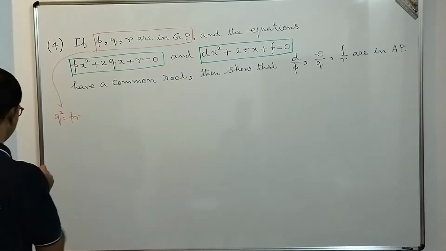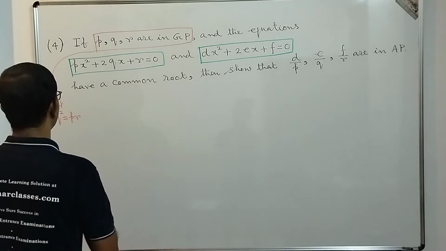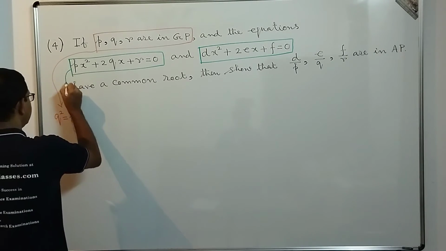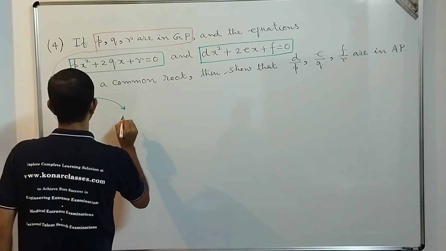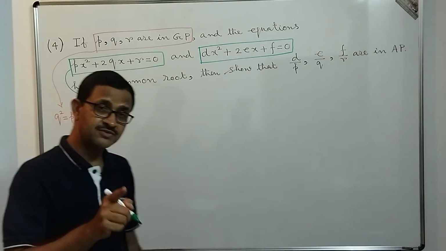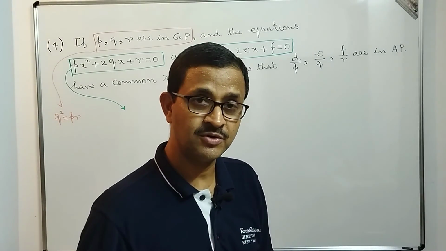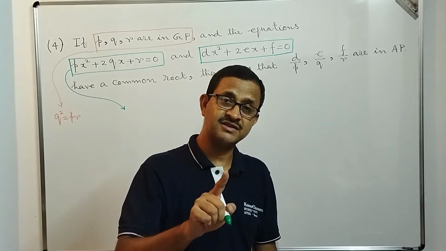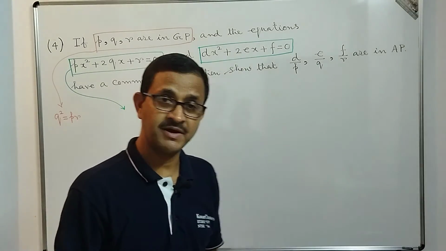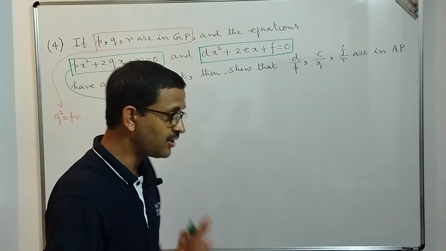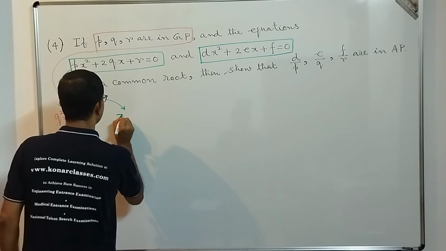Now what can we do, dear students? From px square plus 2qx plus r, from here how can we find the roots? If you recall, for ax square plus bx plus c equal to 0, the roots are minus b plus minus square root of b square minus 4ac, divided by 2a. So we are going to apply that formula. So from here what do we get?